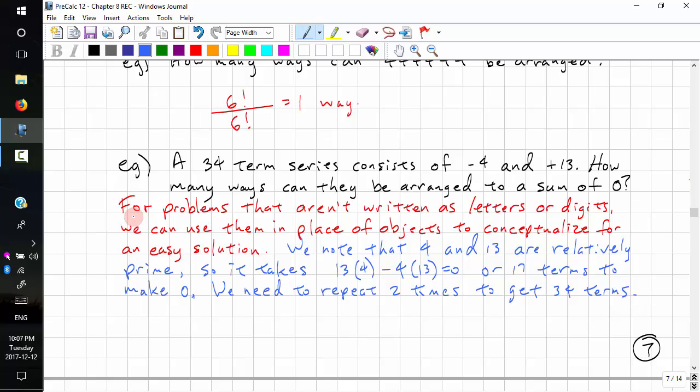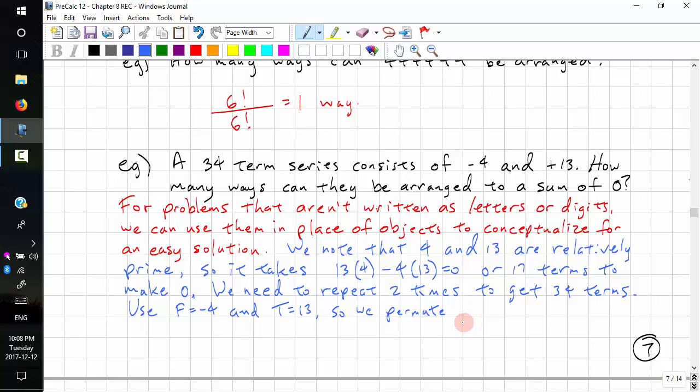Now, for problems that aren't written as letters or digits, we can use them in place of objects to conceptualize for easier solution. Okay, so use f equals -4 and t equals 13. So we permute.